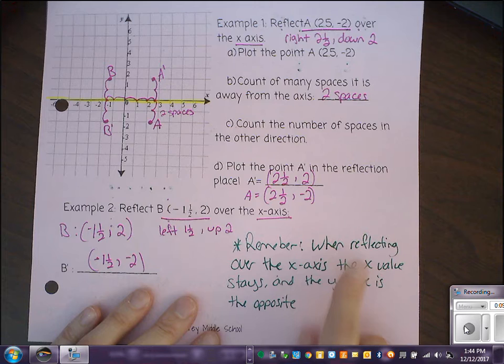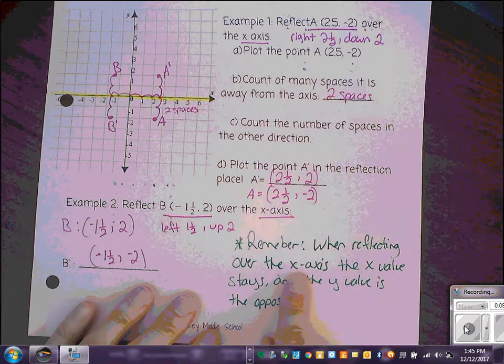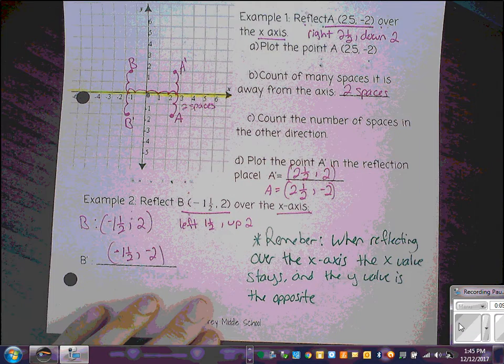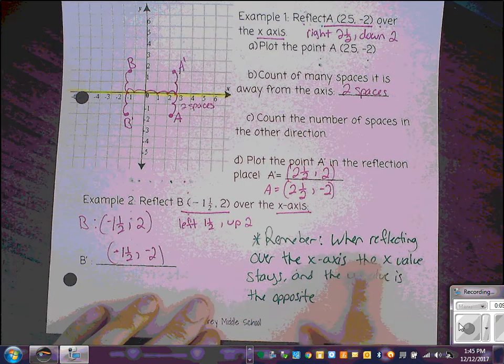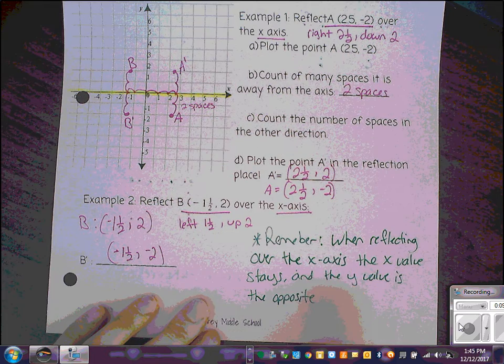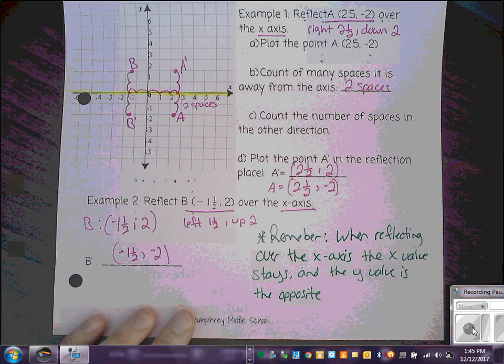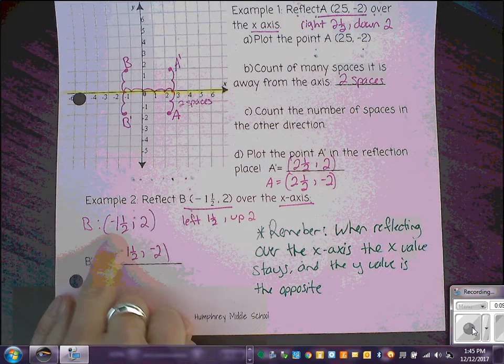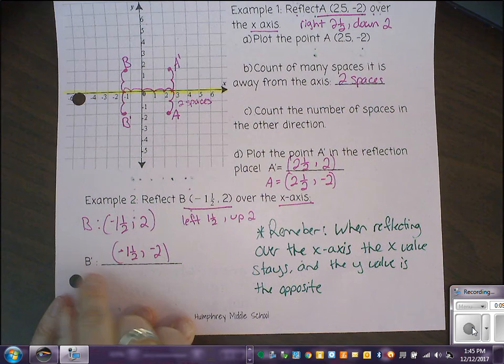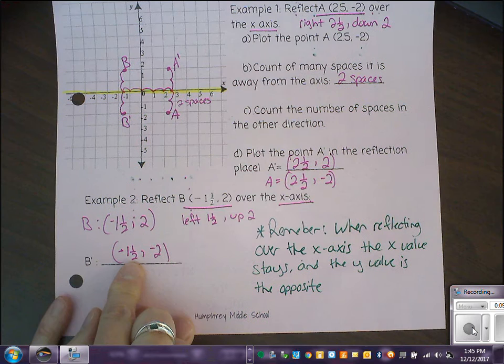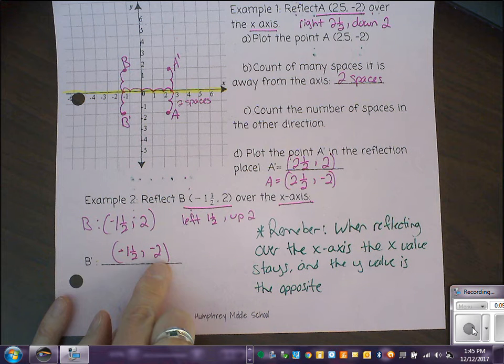So when reflecting over the x-axis, the x value stays and the y value is the opposite. So when I reflected B, negative 1.5, 2, B prime is still negative 1 1/2, the x stays, and the y becomes the opposite.